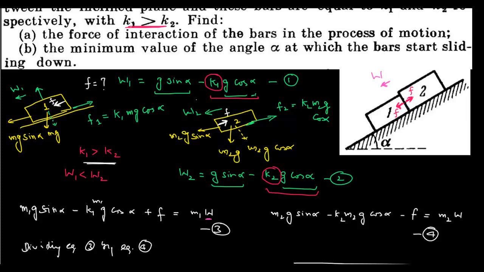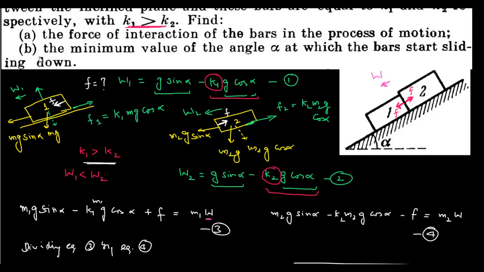This is also evident from equations 1 and 2. Here, if k2 is greater than k1, this factor will become more, and then W2 is less than W1. This means the acceleration of block 1 is more than the acceleration of block 2, and there will be no force of interaction. Clear? So we have answered part A.